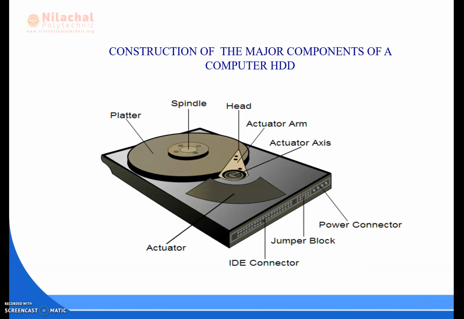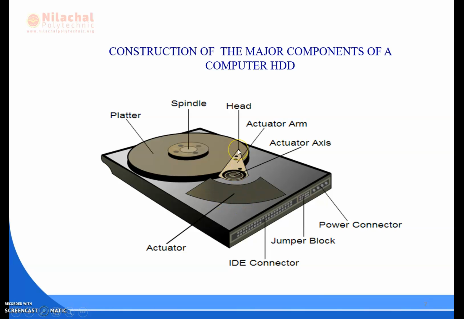We have some major components or parts of the computer hard disk, where we have a magnetic platter. Here is the platter where the data is stored digitally. A spindle rotates this platter. We have an actuator arm and actuator axis which is held by the actuator.